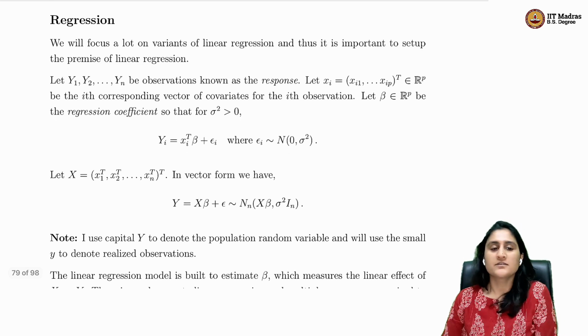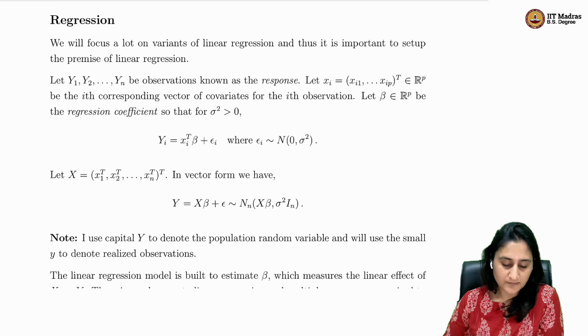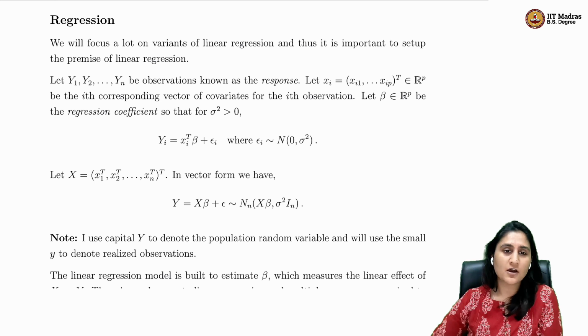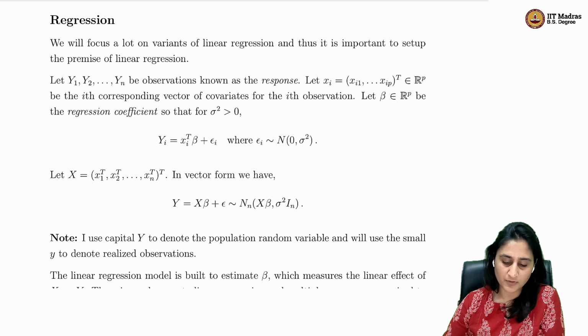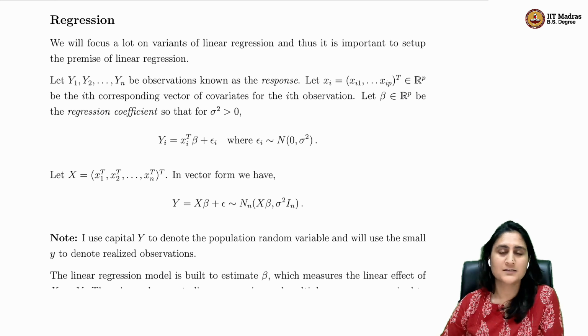Okay, so here's the situation that we might find ourselves in: what we have are variables y1 up to yn, which are observations, or basically variables that are going to be called the response. I'm going to typically call the response variables, random variables, capital Y's. And I have x's that I observed, with xi corresponding to each yi, which is a vector that I observed: xi1, xi2, going up till xip, that is a p-dimensional vector.